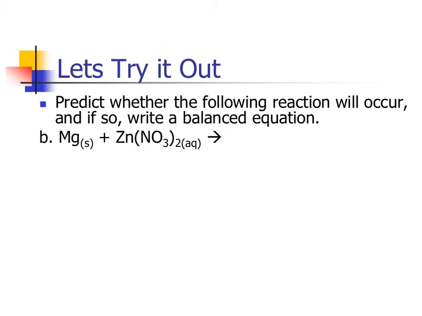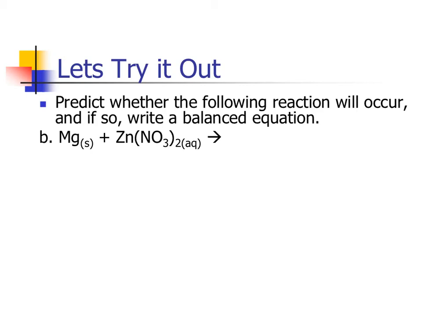Now here's another example. Magnesium and zinc are put in solution, and so we look at where is magnesium, make sure you don't confuse it with manganese, and where is it compared to, say, zinc. Well, zinc is below magnesium, okay?